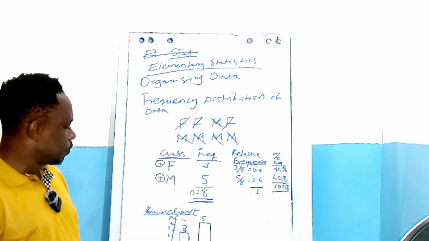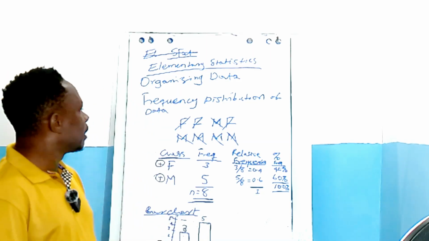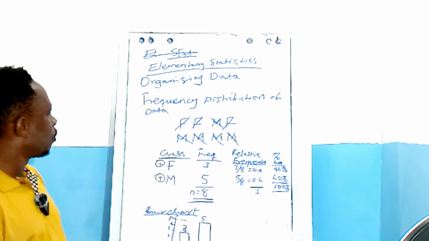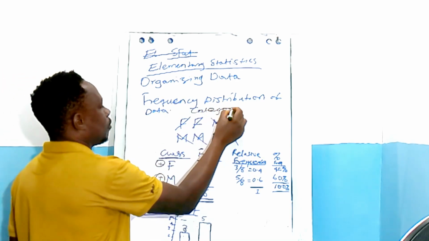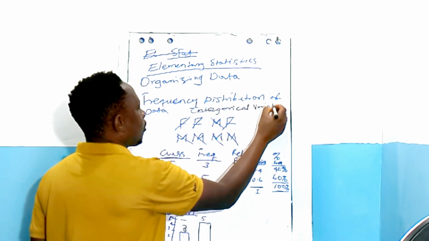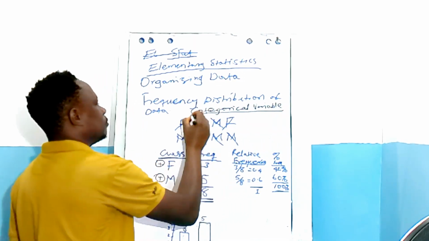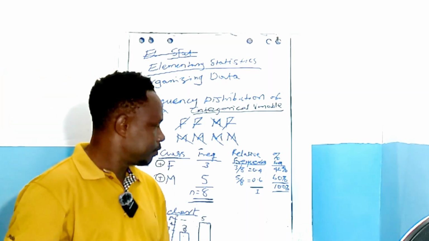So far so good. This is it about a frequency distribution covering a categorical variable.